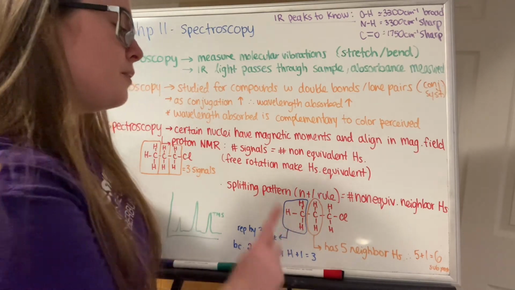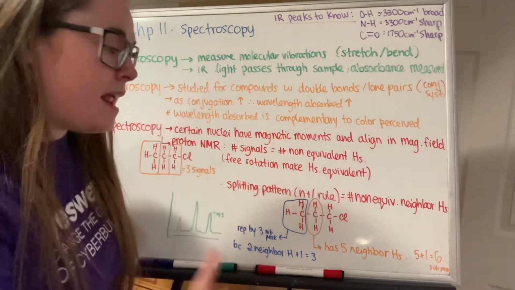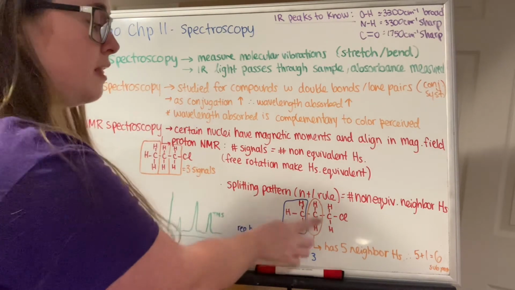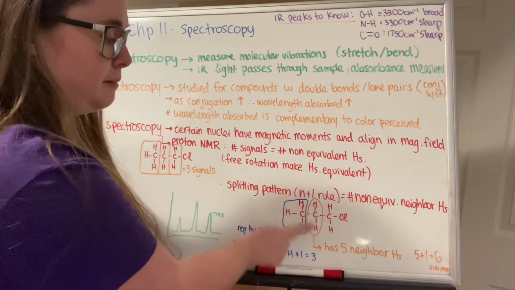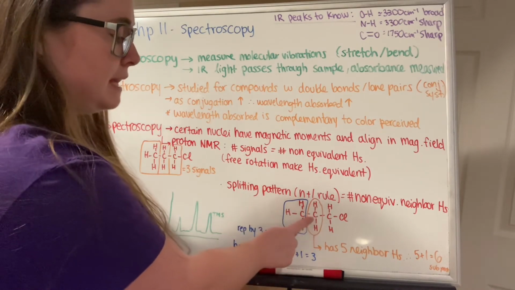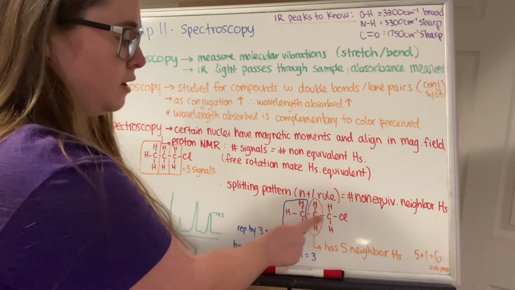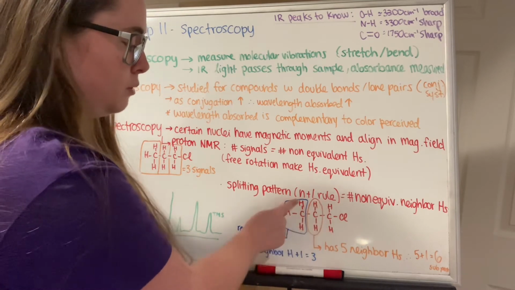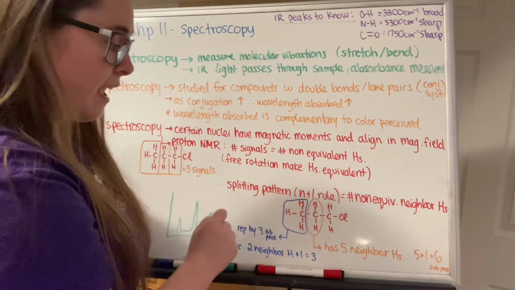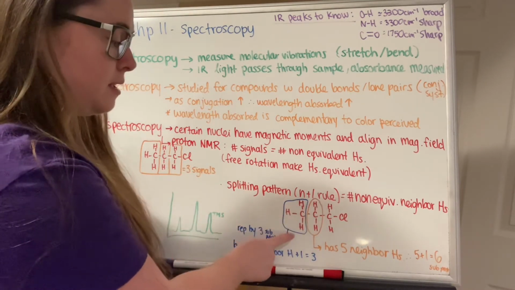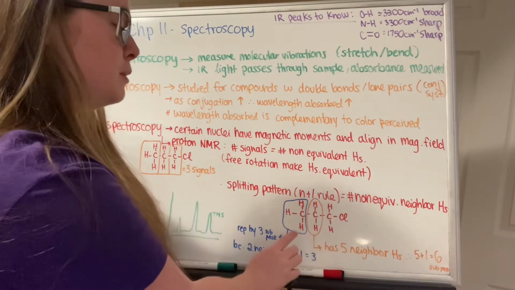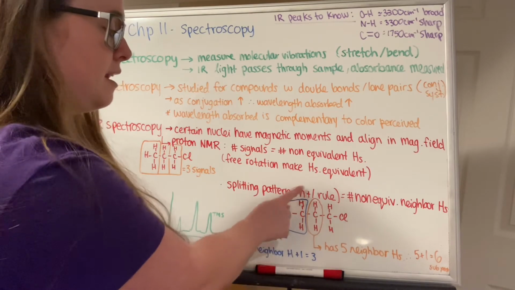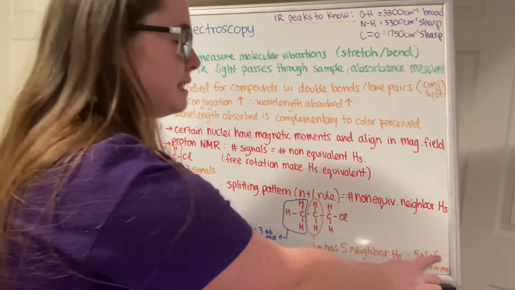But you have to count the number of neighboring hydrogens to this environment. The orange hydrogens are both in the same environment, but this has 1, 2, 3, 4, 5 neighboring hydrogens. So that means N is 5, and N plus 1 would be 6.